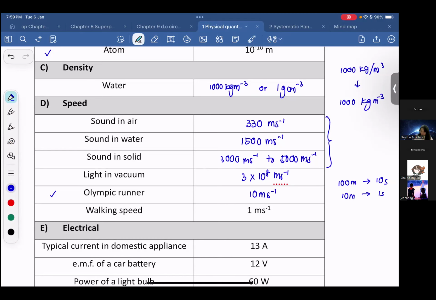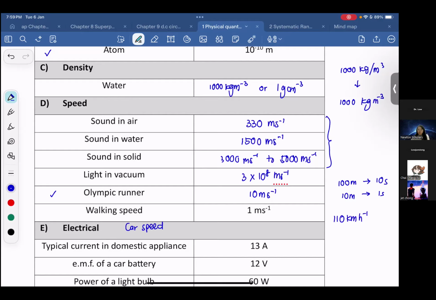I want to add car speed. I think you guys already got license, you can drive, right? In Malaysia highway, the speed limit is 110 kilometer per hour. Am I right?